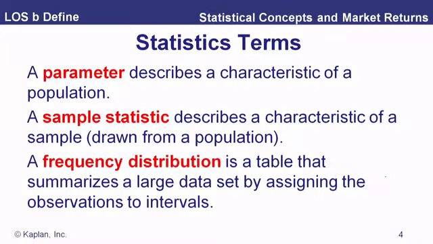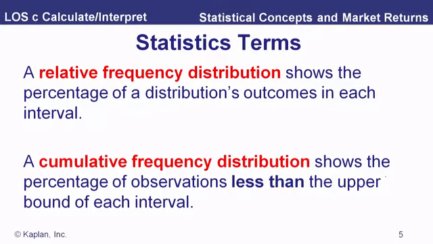When we talk about a frequency distribution, it's just a way to summarize a large data set. And so we break it into intervals and just say, well, how many observations are in each interval? And we can also do a relative frequency distribution, where we have the percentages of all the outcomes that are in each interval.